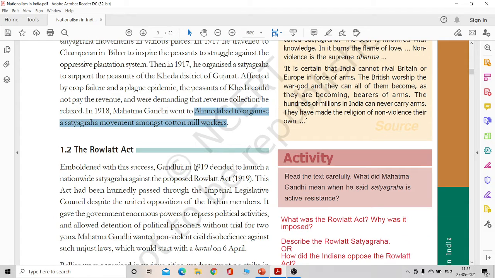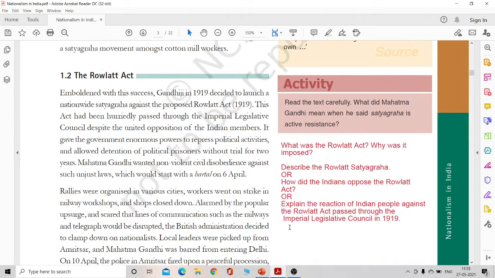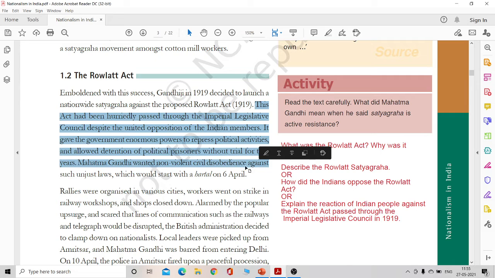Now, going forward, the Rowlatt Act again: you get a lot of questions on the Rowlatt Act, particularly 3 markers. So let's look at the variety of questions that you get. What was the Rowlatt Act and why was it imposed? Here you have to mention the act, which was passed in the Imperial Legislative Council, and what the act was about: the government had the power to arrest political activists and detain them in jail without any trial for 2 years.